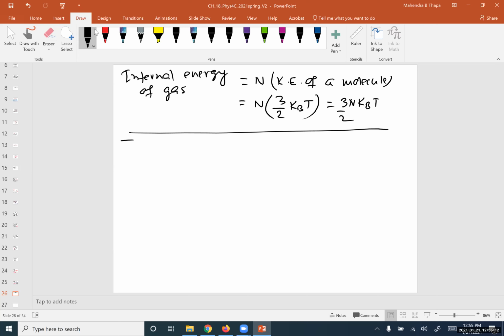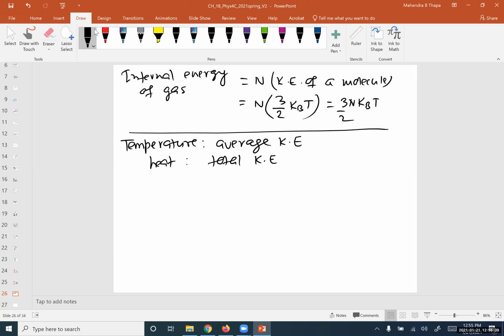So temperature is related to average kinetic energy. It depends on temperature. Okay, average kinetic energy. If you remember the heat, it is the total kinetic energy.